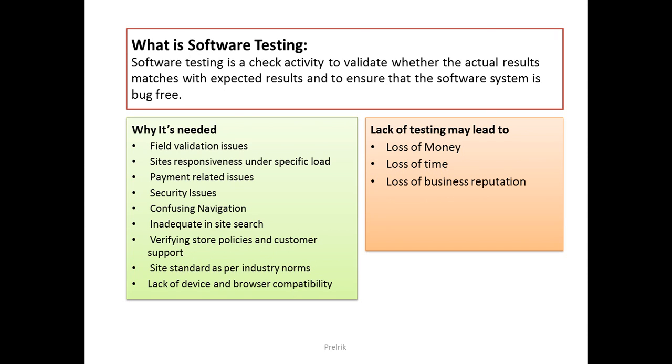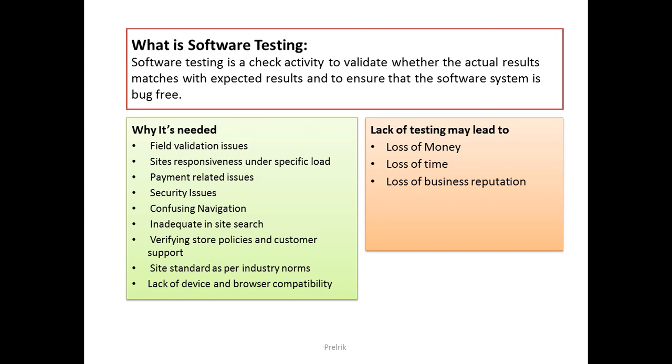Field validation issues: say you're signing up on a website, and in the age column you put a value like 200, and you put integer values in the name field. Your form should detect this at the client level, which is called field validation.